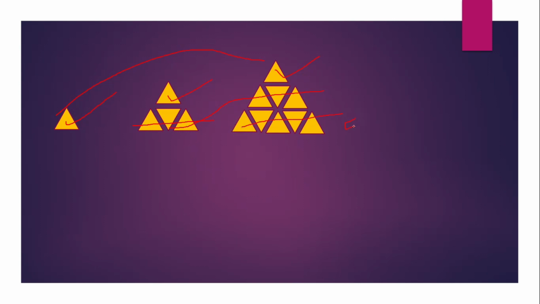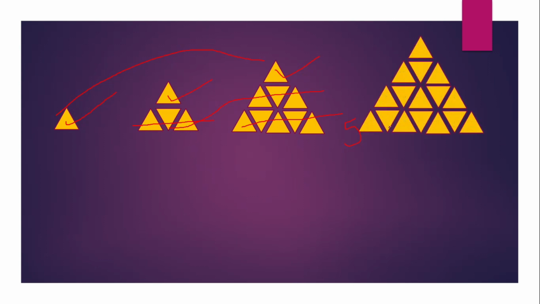How many triangles did we add? 5. Now observe the next one. Here you can see, children, how many are added? 1, 2, 3, 4, 5, 6 and 7 triangles are added. So as we observe, 1 at the top, then 3, then a line of 5 triangles, and then the next line of 7 triangles.